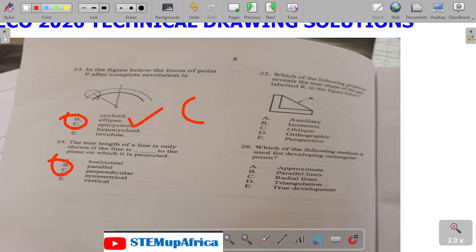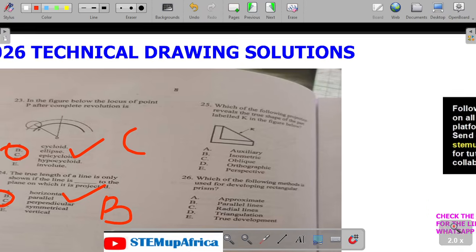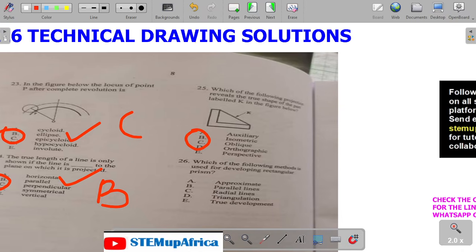Yes, parallel. That's where you get the true length of the line, which is B. Then 25. Which of the following projections reveals the true shape of the line labeled K as shown? It should be isometric. That's where you can get the true shape of the line labeled K, which is isometric.